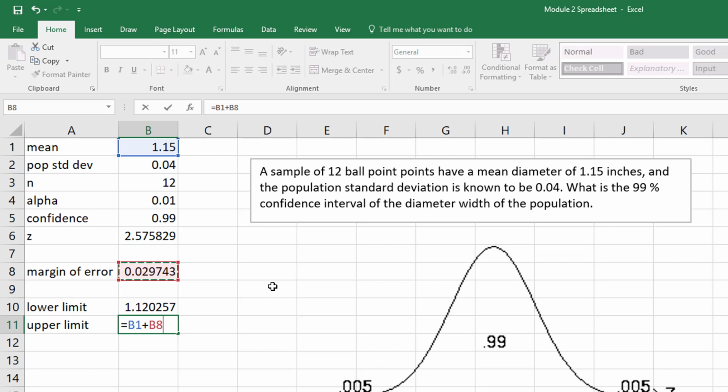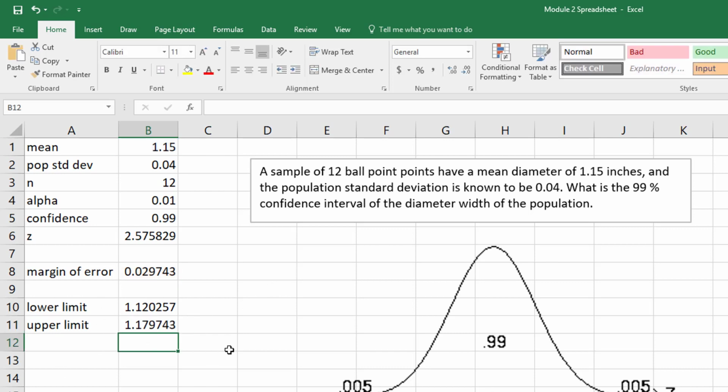What's kind of nice about doing this in Excel, well, let's just finish this first: this says with 99% confidence, if I go out and get 100 ballpoint pens, I would expect 99 of them to be within this interval. But what if you take another sample and your mean is a different value? Watch these values down here. Say 1.03. And notice everything updates.